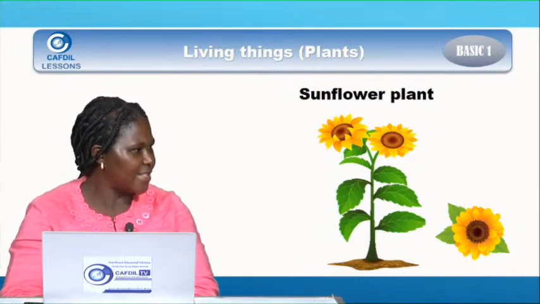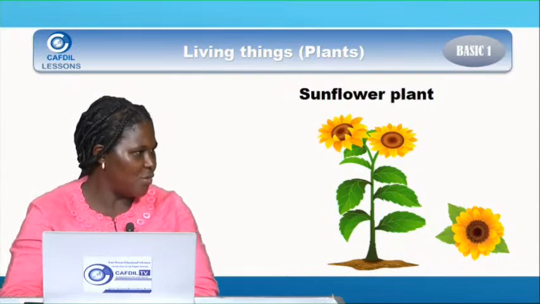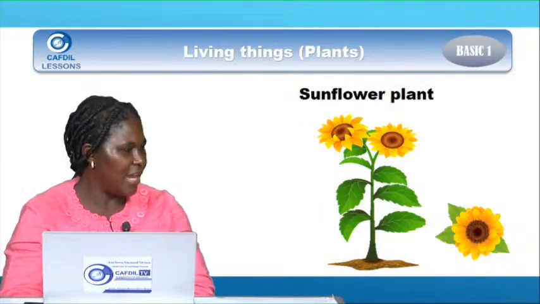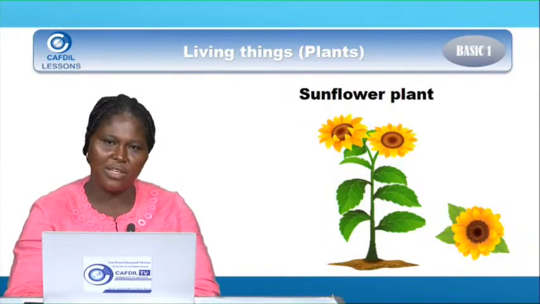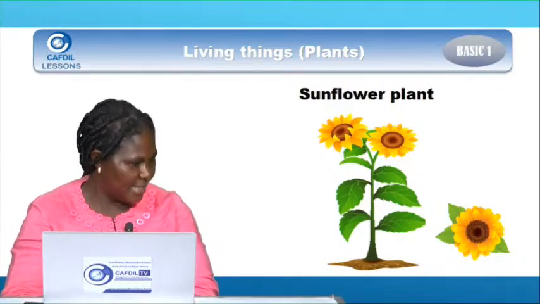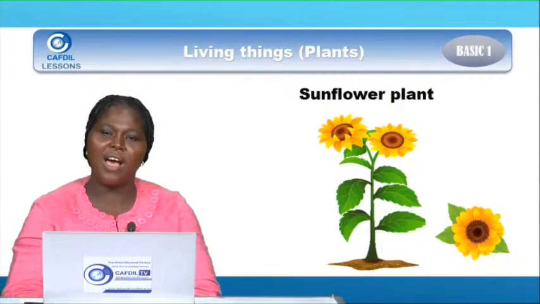We can find the sunflower plant in the soil. And we use it to decorate our various houses. Good. Now the seeds, we can also use for so many purposes. You can get oil from the seed. Good. So this is sunflower plant.